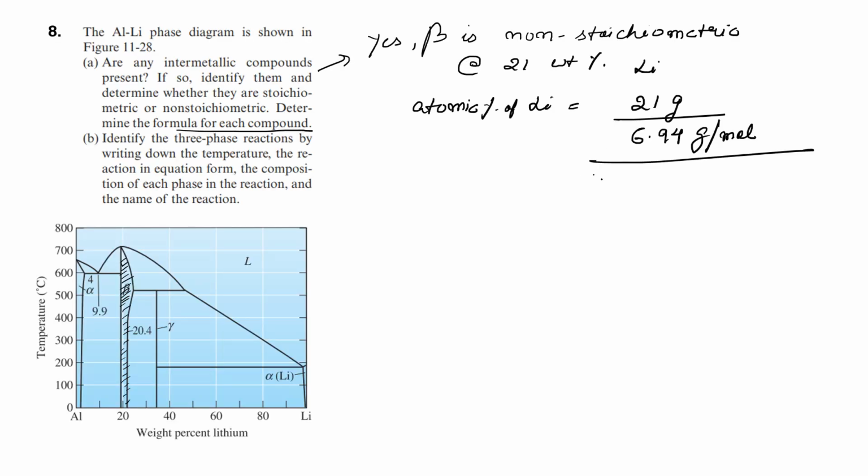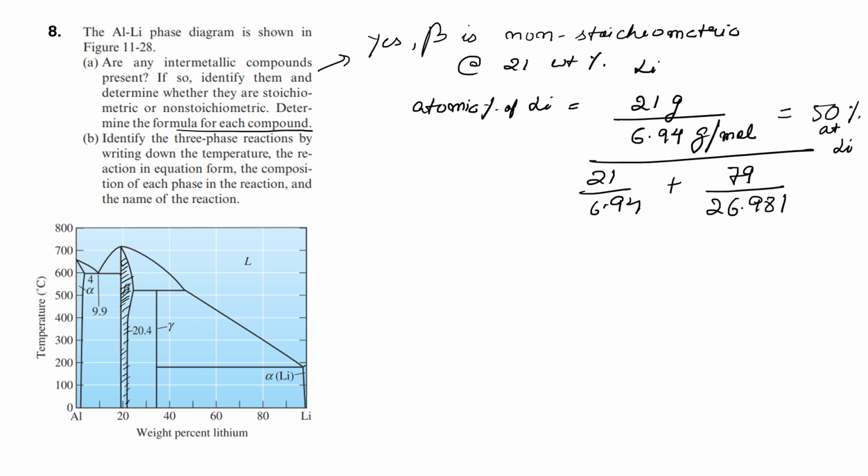So this is 21 gram over 6.94 plus 79 remaining grams of aluminum, whose atomic weight is 26.9. That will give us approximately 50%. So this is atomic percent lithium.